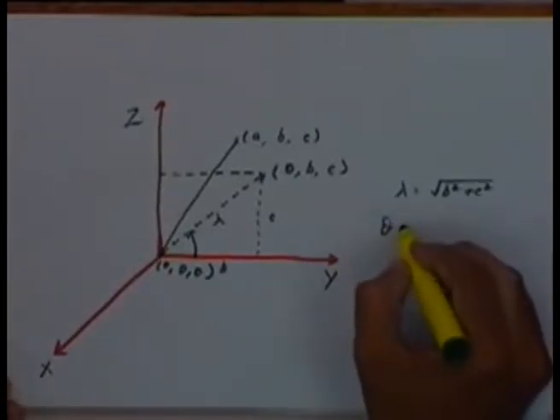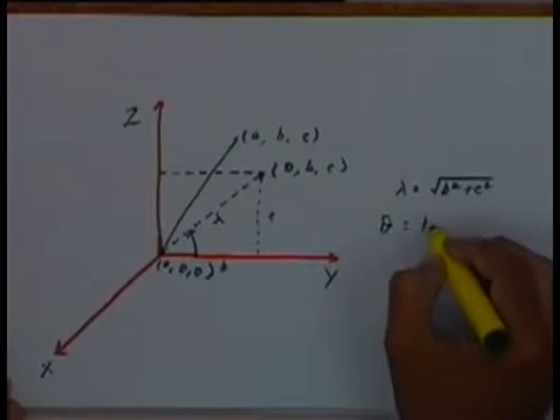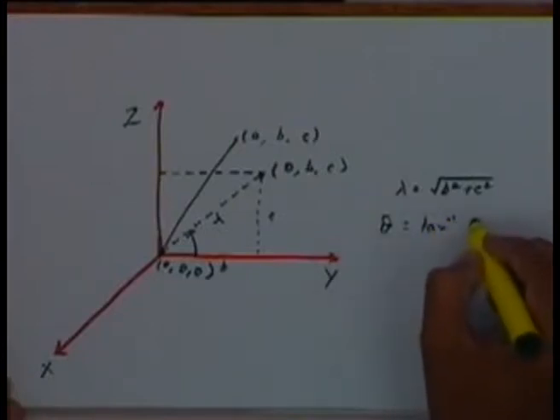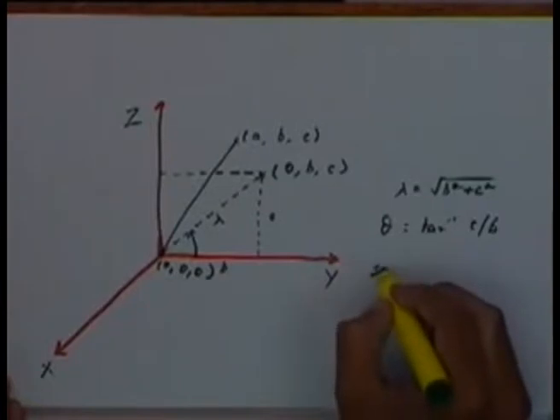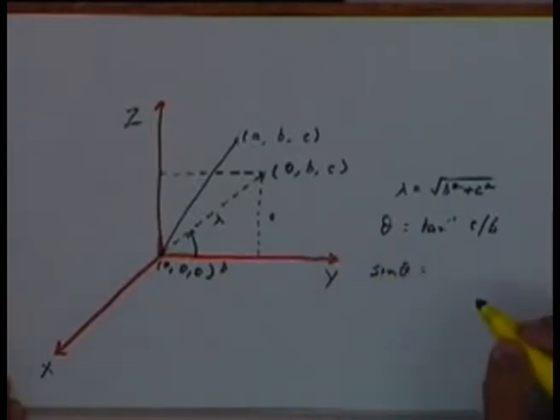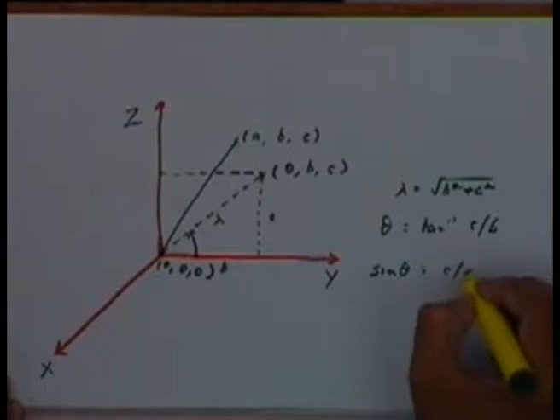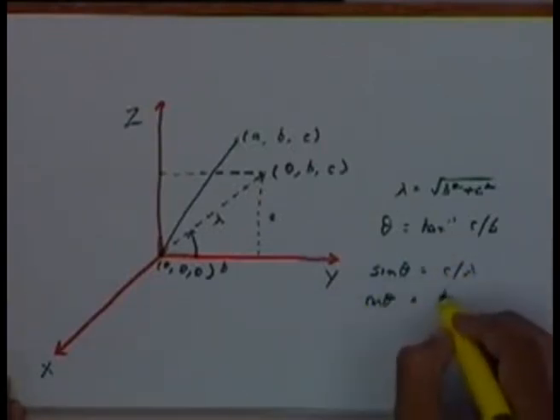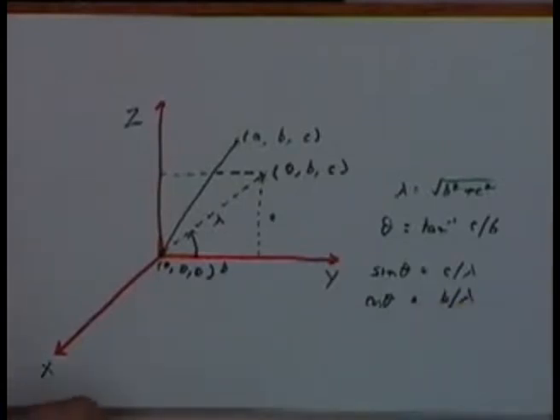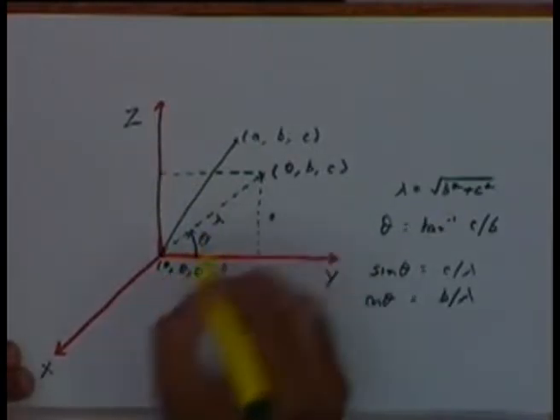This theta would be tan inverse of C by B, or we can say that sin theta would be equal to C by lambda and cos theta would be equal to B by lambda. That is for this angle theta.